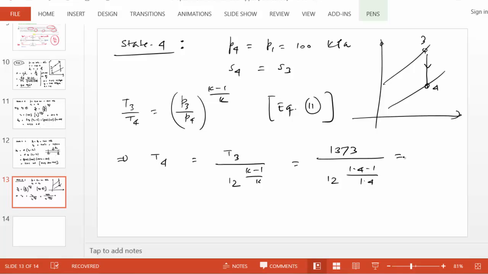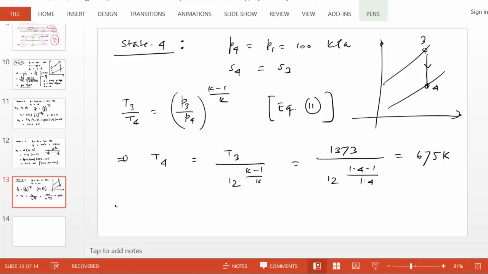Solving, we get a T4 of 675 Kelvin. That's quite hot. That's the turbine exhaust, which is really thrown out.